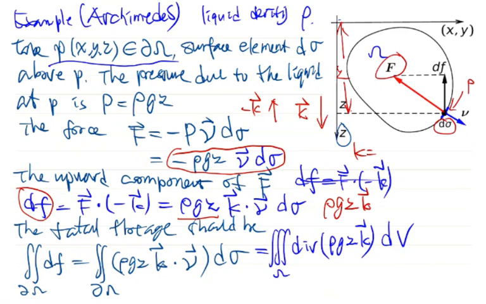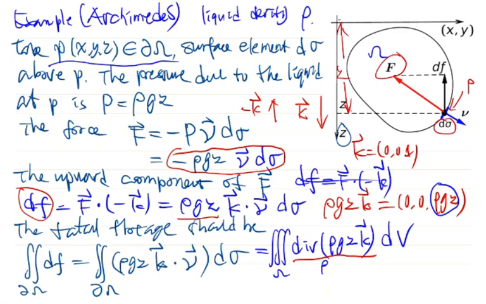Because k is (0, 0, 1), rho gz k is (0, 0, rho gz). So the divergence of rho gz k is the partial derivative of 0 with respect to x, plus 0 with respect to y, plus the partial derivative of rho gz with respect to z. Rho and g are constants, therefore the divergence is rho g.